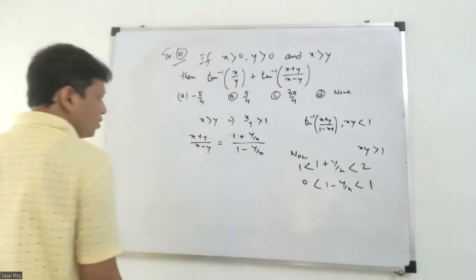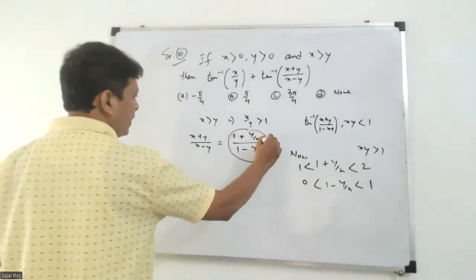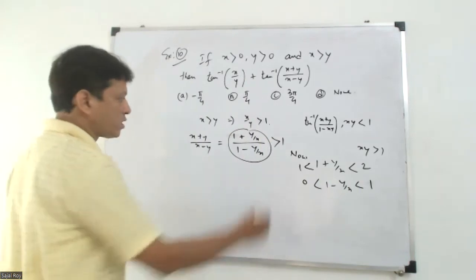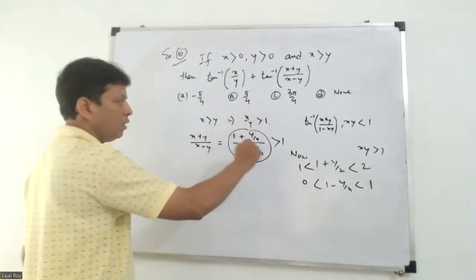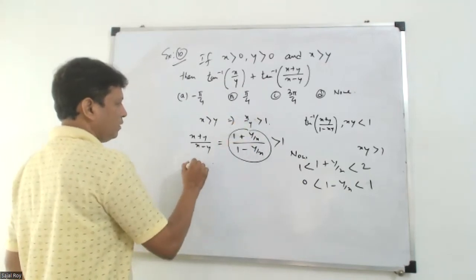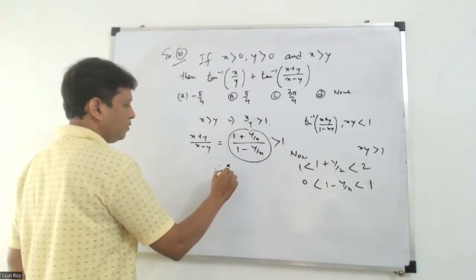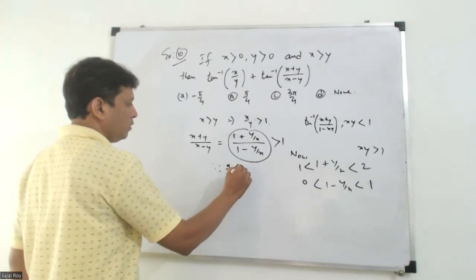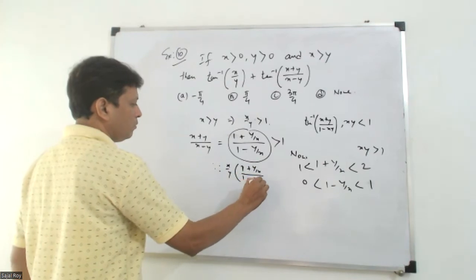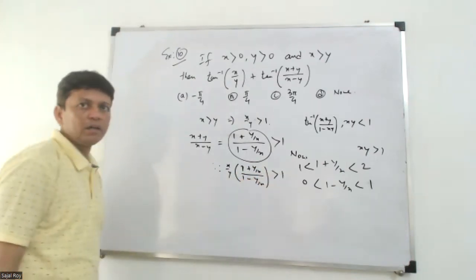So this term will be greater than 1, and the product will be more than 1.